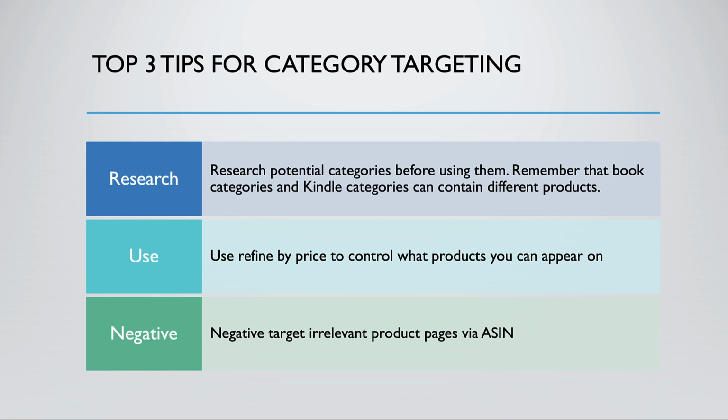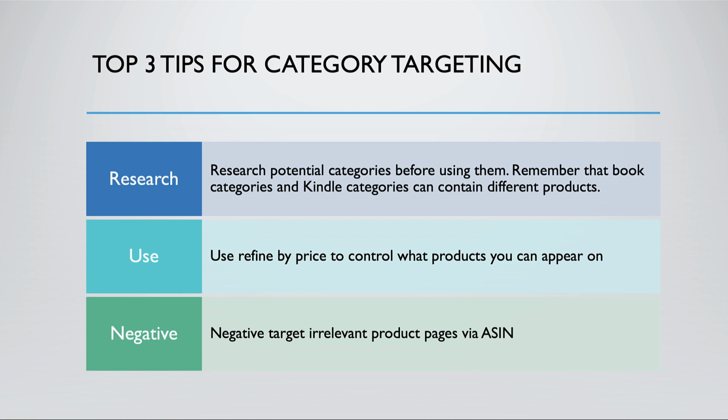Which brings me to using Refine. You can refine the category by, I believe, star rating, price, and whether or not it's in Prime. You can use those things to control where your book is going to be shown. Most paperbacks are not under $9.99. So if you're refining under $9.99, you're less likely to be shown on paperbacks and probably on audio too.